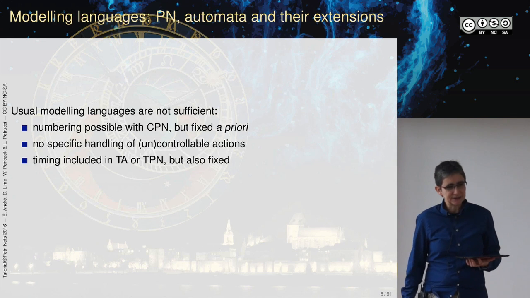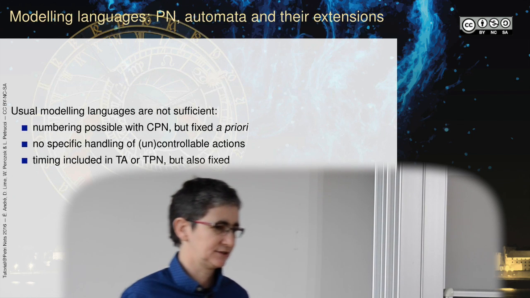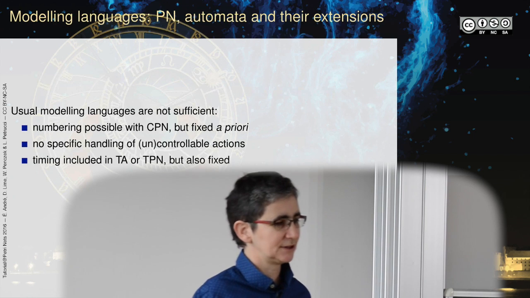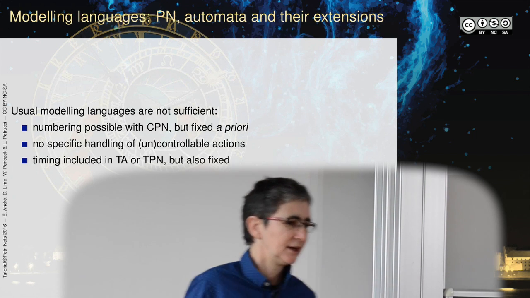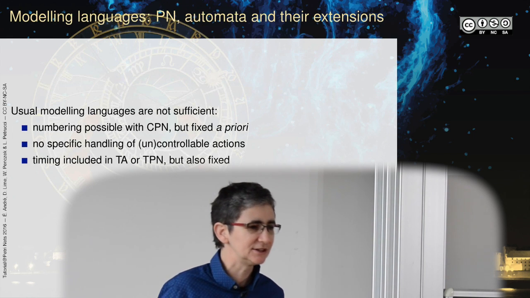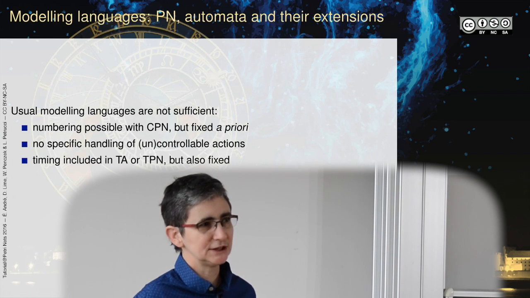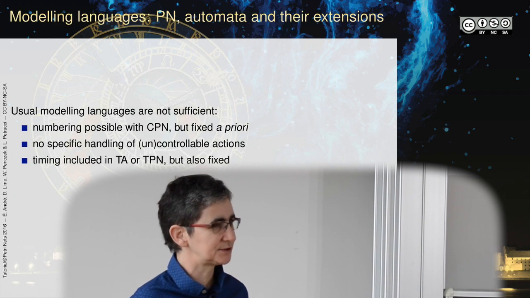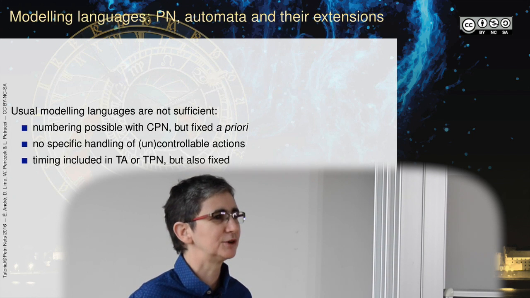Okay, so in usual modeling languages such as Petri nets, automata, or the usual extensions that you know about, you have some things to address that, but it's generally not sufficient. So for example, numbering instances of processes is possible with colored Petri nets, but a priori this number is fixed.